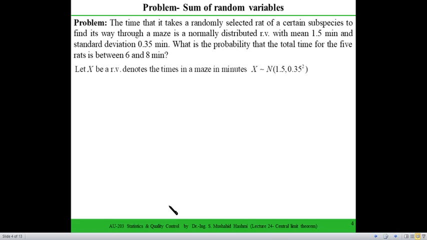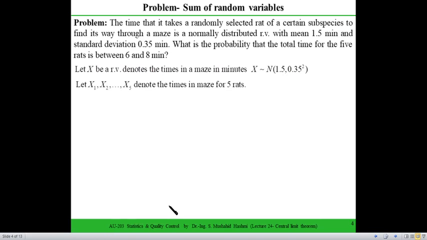Let x be a random variable that denotes the time in a maze in minutes. As we know, the time to find the way through the maze is a random variable normally distributed with mean 1.5 and variance 0.35 square. Let x1, x2 and so on denote the time in the maze for 5 different rats.